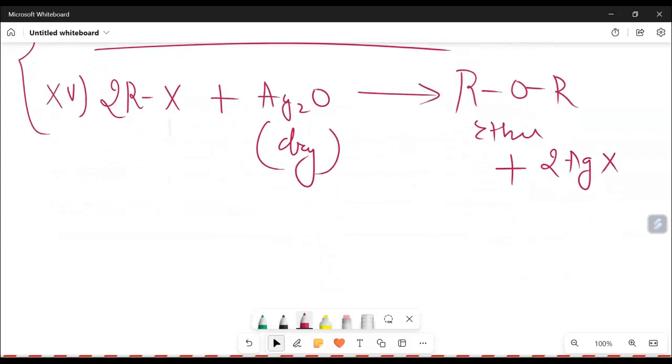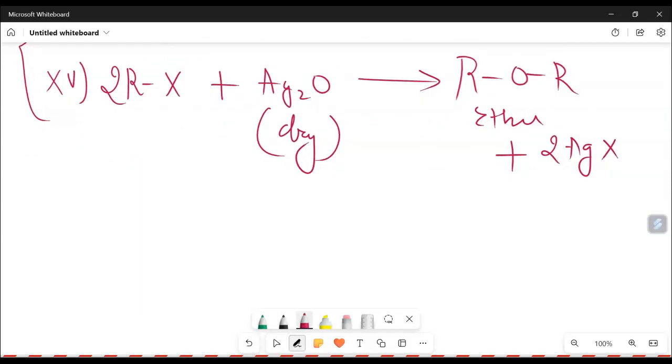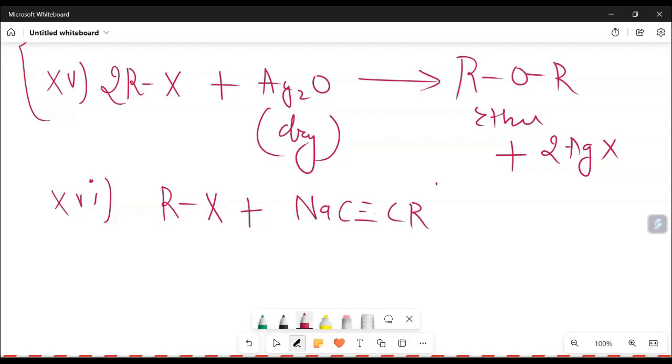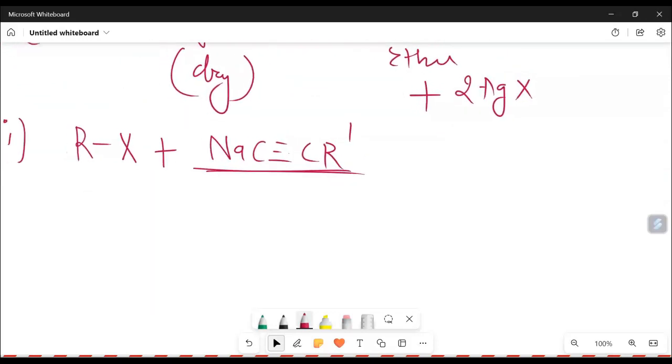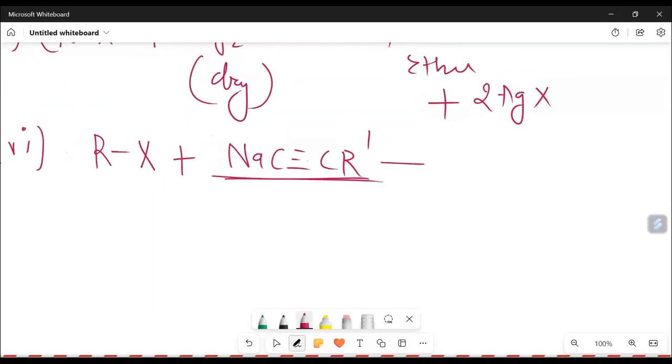The next method, the 16th one, is R-X plus NaC triple bond CR'. It will give the alkyne RC triple bond CR' plus NaX.